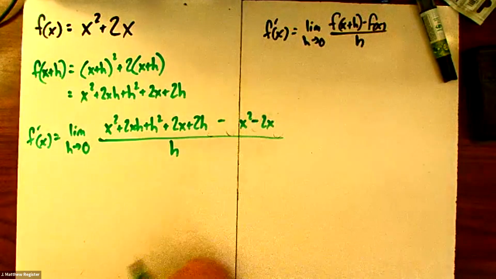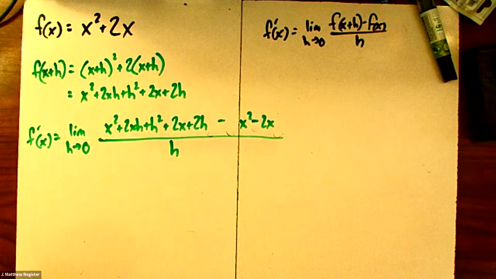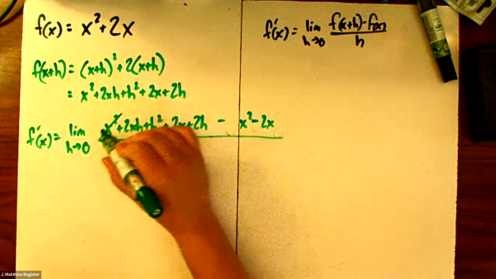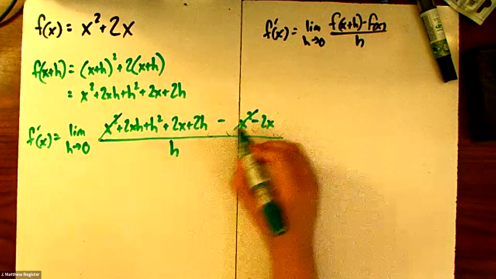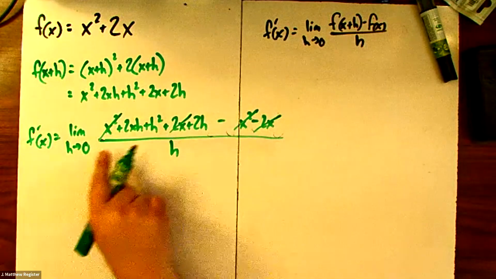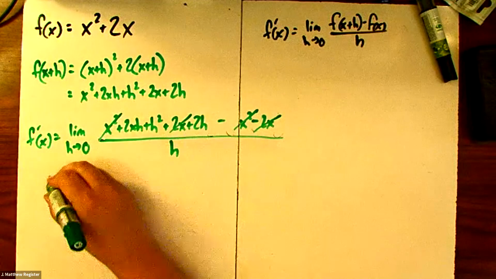There we go. And now notice we can cancel some stuff out. Our x squareds will cancel. Our 2x will cancel. And now notice we can factor an h out of the top.